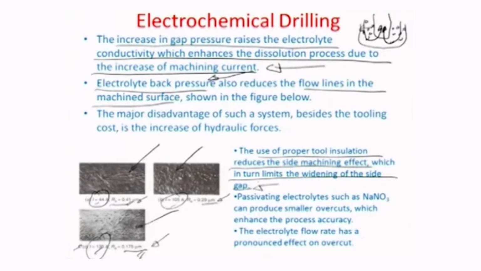So, one important aspect which we have actually studied while theorizing electrochemical machining and ion transport, as we have seen before, is that there are certain passivating agents which you would use from time to time in electrolytic solutions, so that you can get a better surface finish.